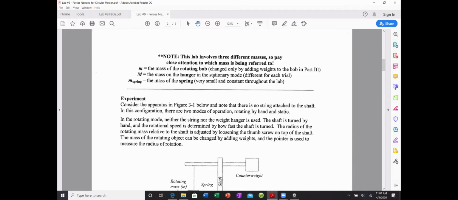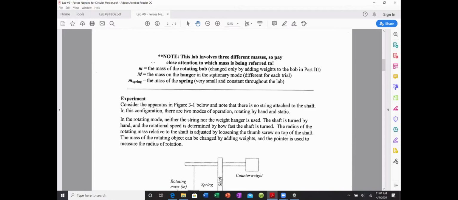This black object right here, that's going to be swinging around. We're watching the motion of this black object as it swings around. That is little m, lowercase m, the mass of the rotating bob. And that is over 400 grams. So I'll give you the exact numbers. Actually, I can give you 2 of these numbers right now.